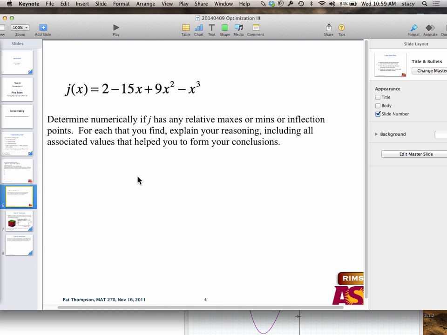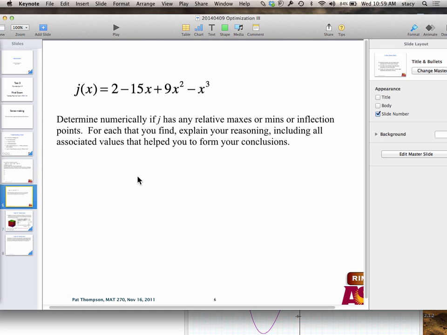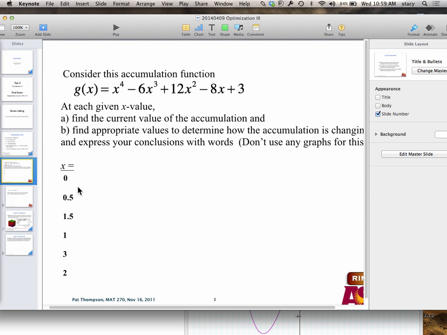And then also this function where I ask you to figure out where maxes and mins occur. Do you feel like you can do those problems? Or should we do one of them? We should do one of them. Which one? First one? Okay.